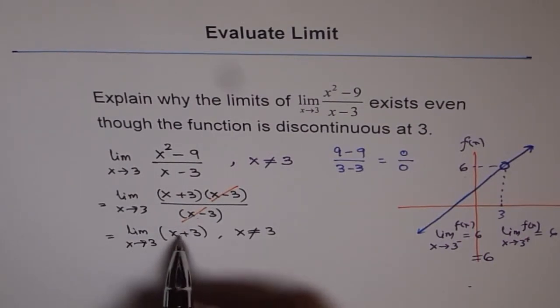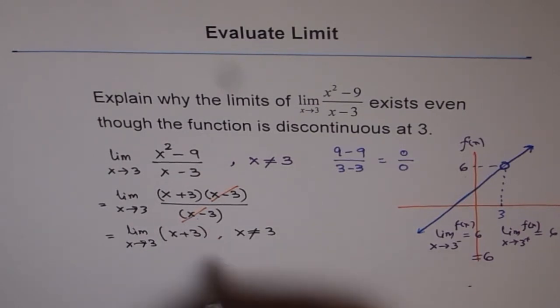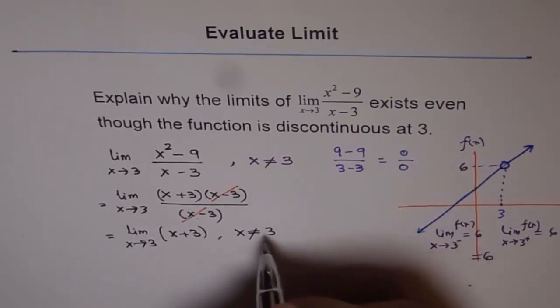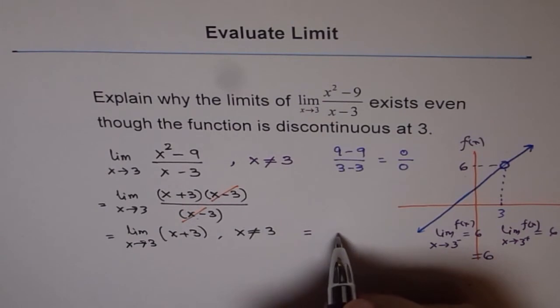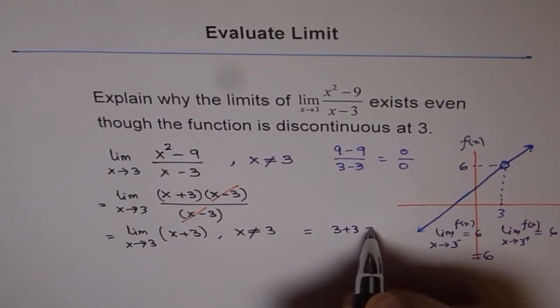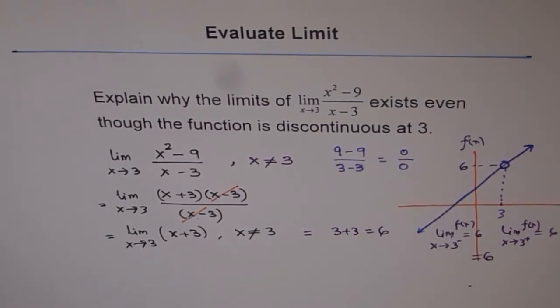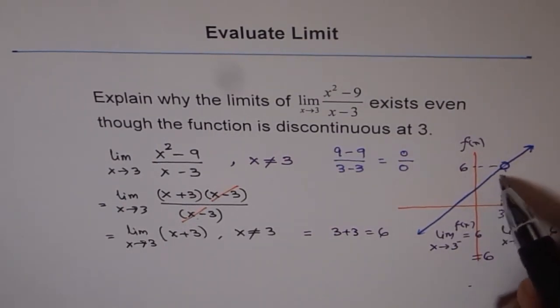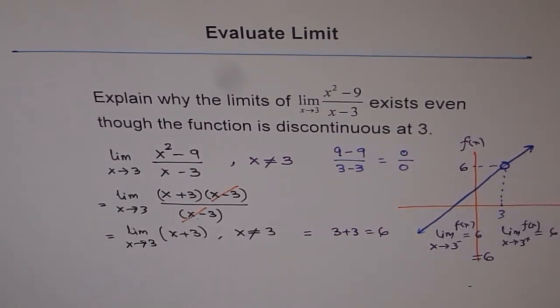So we can write that the limit of this function is equal to 3 plus 3, which is 6. We substituted 3 here because we are approaching very, very close to 3. And that is how we can explain that the function is discontinuous.